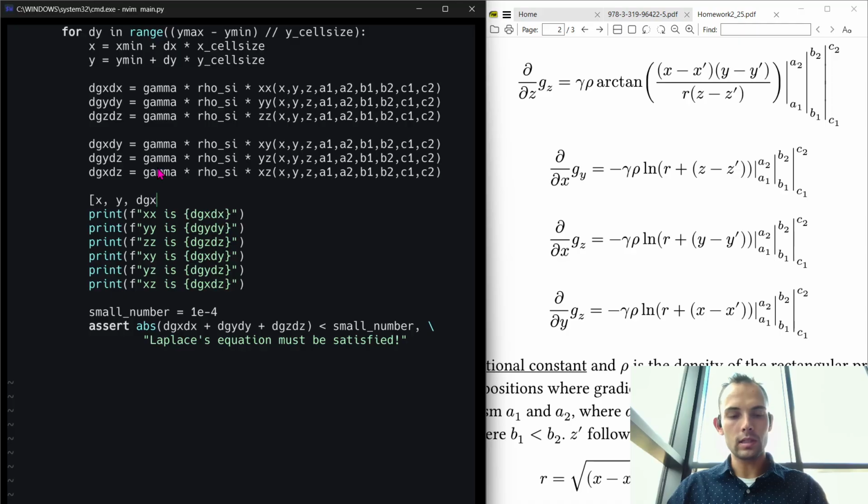Just make a list of the values and push them to a CSV file, and then we can mess with the data from there. dgx, dy, dgy, dz, dg, x, dz.